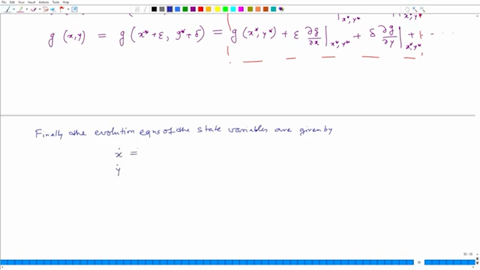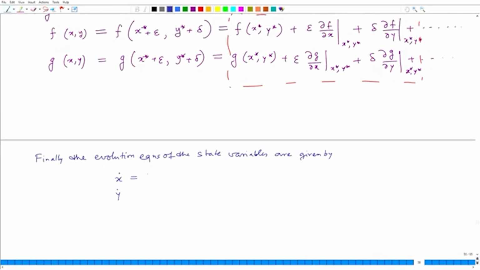Here x dot, which is f of x and y, is now equal to f of x star, y star, which is 0 by the definition of fixed point, and this is also 0 by the definition of fixed point.